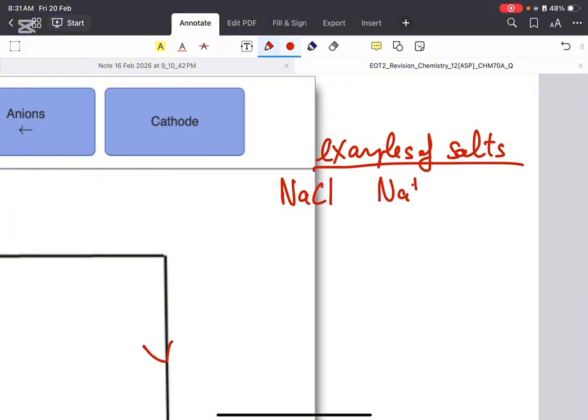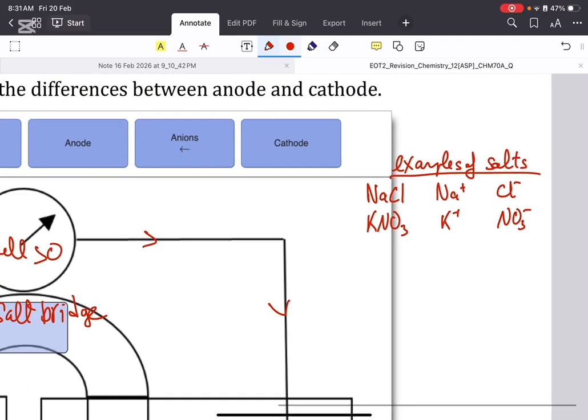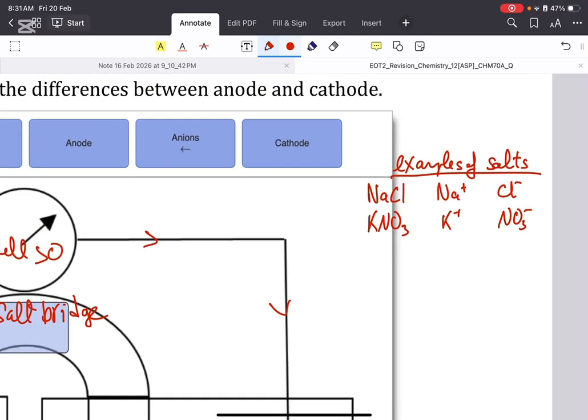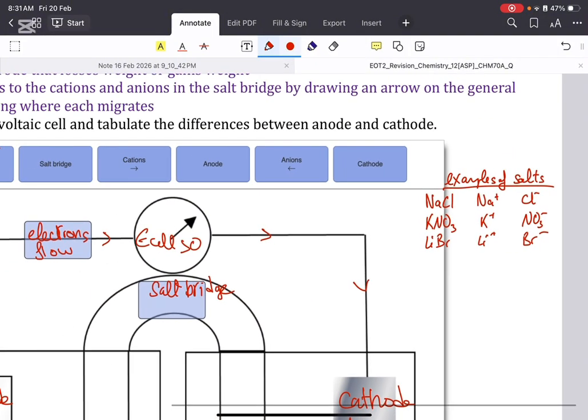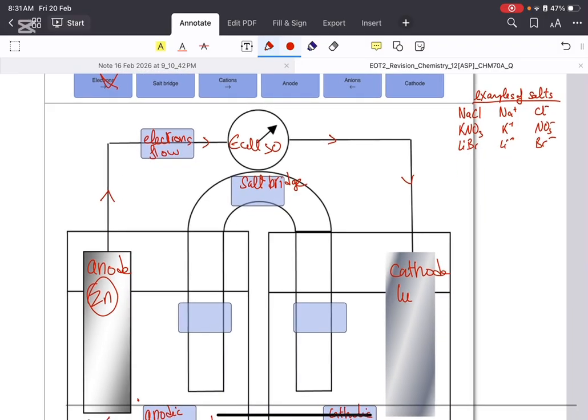NaCl, so we're talking about Na plus and Cl minus. KNO3, we're talking about K plus and NO3 minus. Or for example, KCl, so I'm not going to write it. You have a lot of ions that are used. LiBr. So all of these could be ions used for the salt bridge.